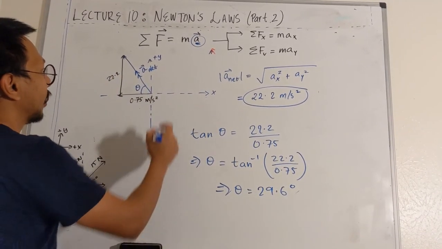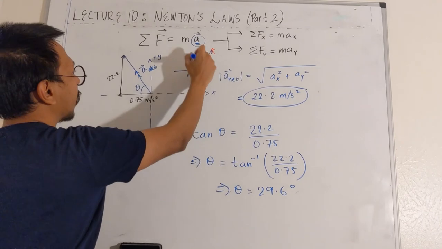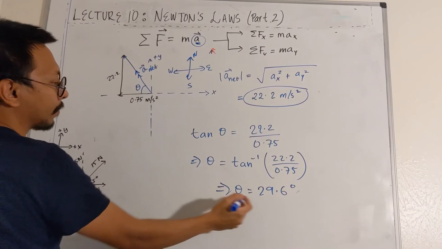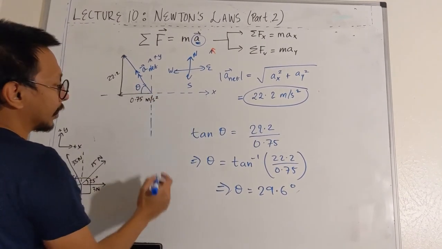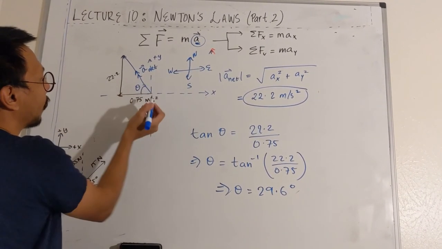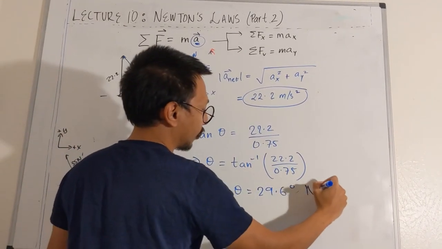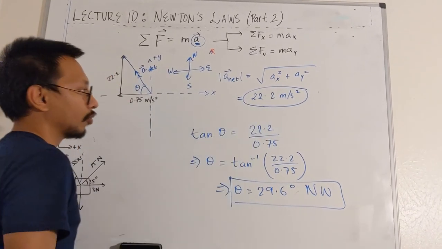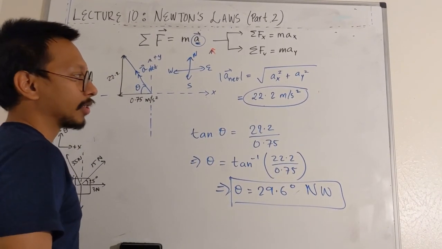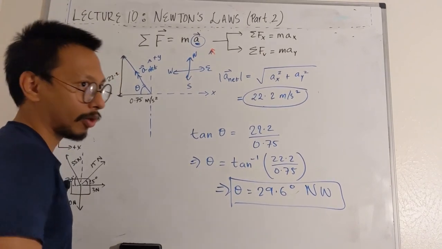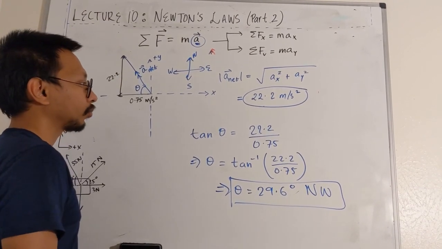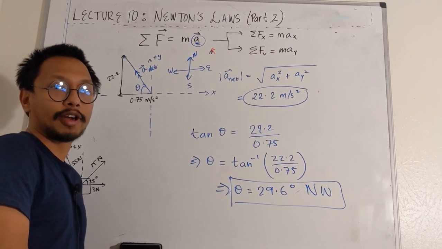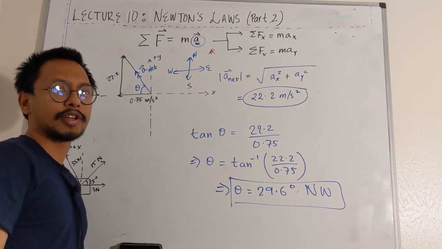And more precisely, if you think about this as north, east, west, south, this angle is directed north of west, right? So we say 29.6 degrees northwest is the direction, and 22.2 meters per second squared is the net acceleration of the box when the box has these four forces acting on it. I hope this makes the discussion a little bit easier.